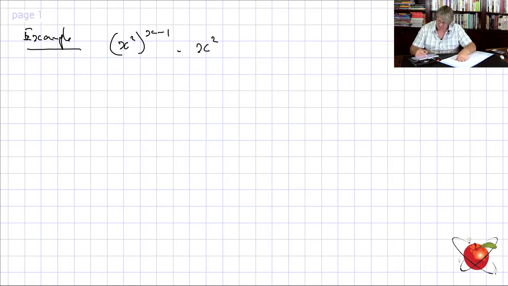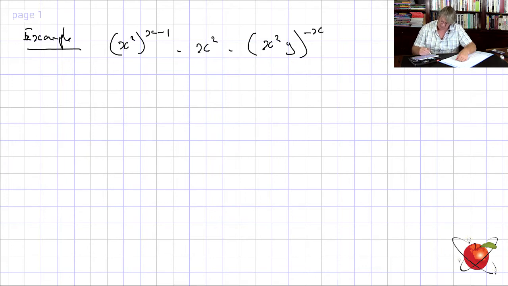Right, let's have a look at an example over here now. We have (x squared) all to the power of (x minus 1), multiplied by x squared, multiplied by x squared y to the power of minus x.